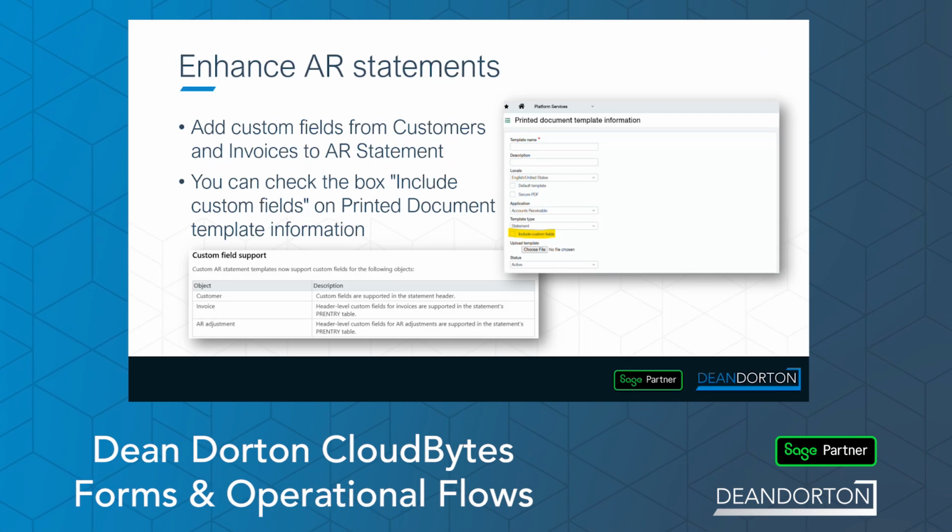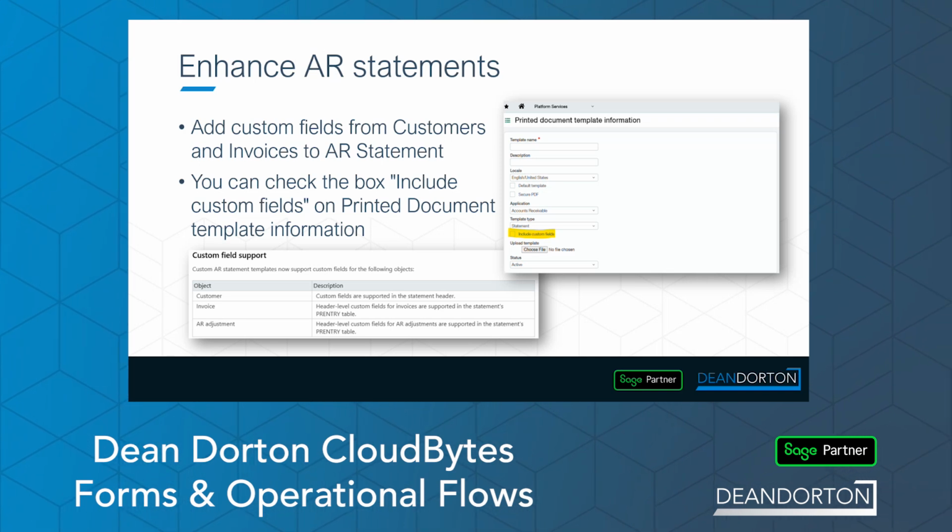Over on accounts receivable, we've got some enhancements to the AR statements. You can add custom fields from customers and invoices to the AR statement. That's really cool. It's a checkbox on the printed document template setup screen to include custom fields. And the custom field support area here gives you some information on how to get to those particular objects.